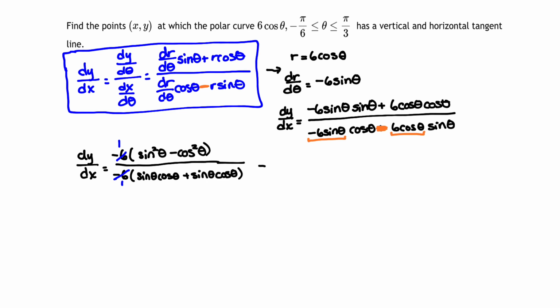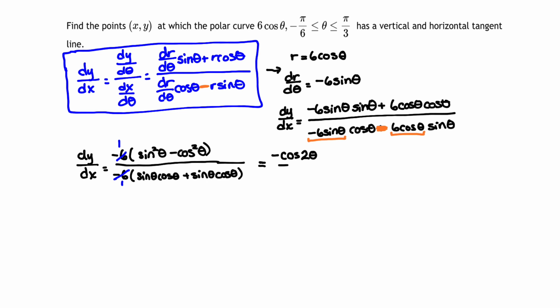And if I like, I can remember my double angle identity. I don't have to, but it might help us clean this up a little bit more. Sine squared minus cosine squared is actually negative the cosine of 2 theta, because cos 2 theta is cosine squared minus sine squared.